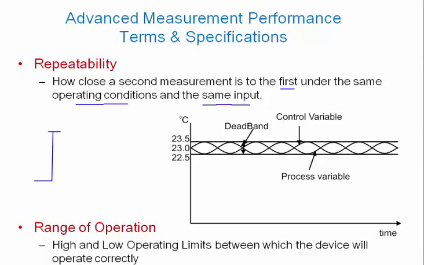It's then taken down again. It then goes back up to the level a second time, and what we want to know is how close is this measurement to that measurement. So this is expressing repeatability more specifically.